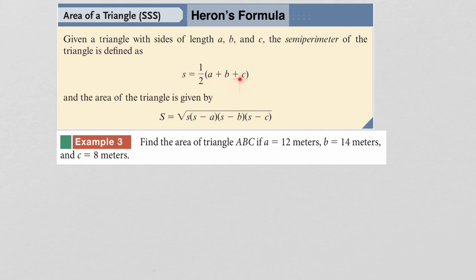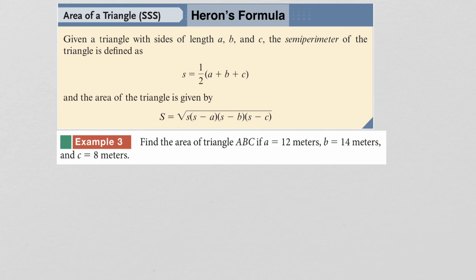So the perimeter of a triangle is A plus B plus C, and if we take half of that, we get the semi-perimeter. And then the area of the triangle is given by this rather simple formula. It's the square root of the product of the semi-perimeter with the semi-perimeter minus A, the semi-perimeter minus B, and the semi-perimeter minus C.